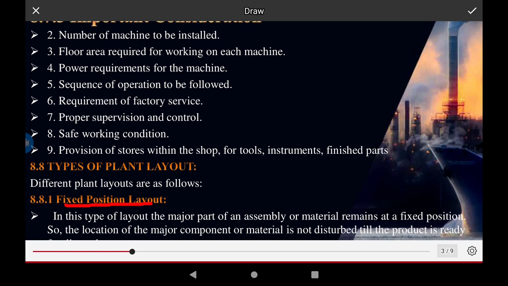In this type of layout, the major part of the assembly of materials remains in the fixed position of the production system. In fixed position system production, the location of the major component material is not disturbed until production is ready.